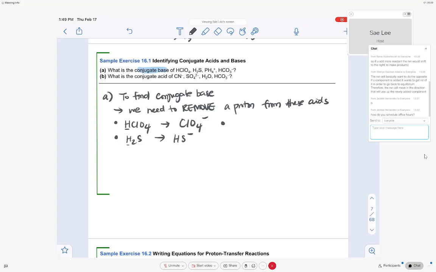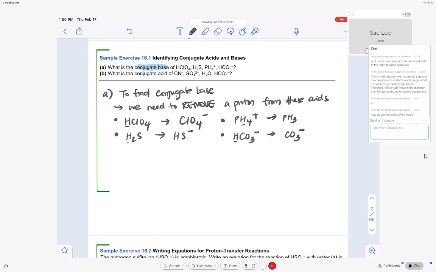The conjugate base of phosphonium is, if you remove one proton from here, we have PH3, which is phosphine. Bicarbonate: the conjugate base of bicarbonate, if you remove one hydrogen, is going to be carbonate ion.